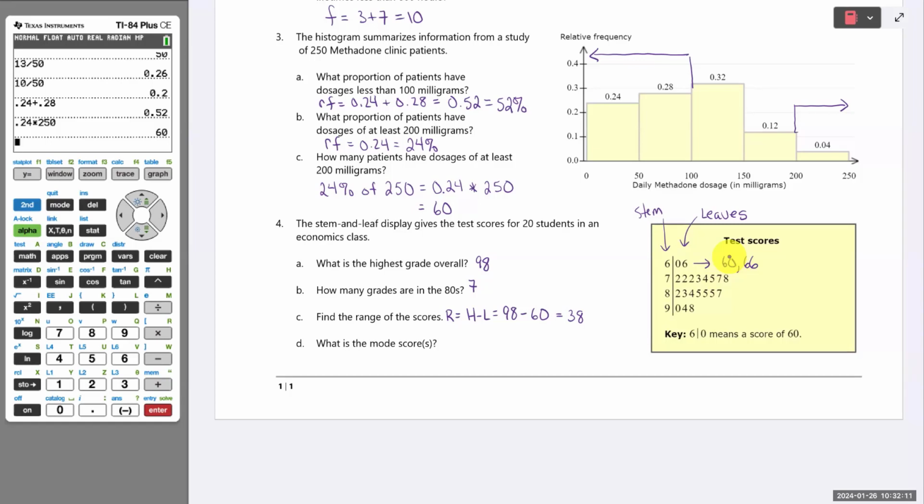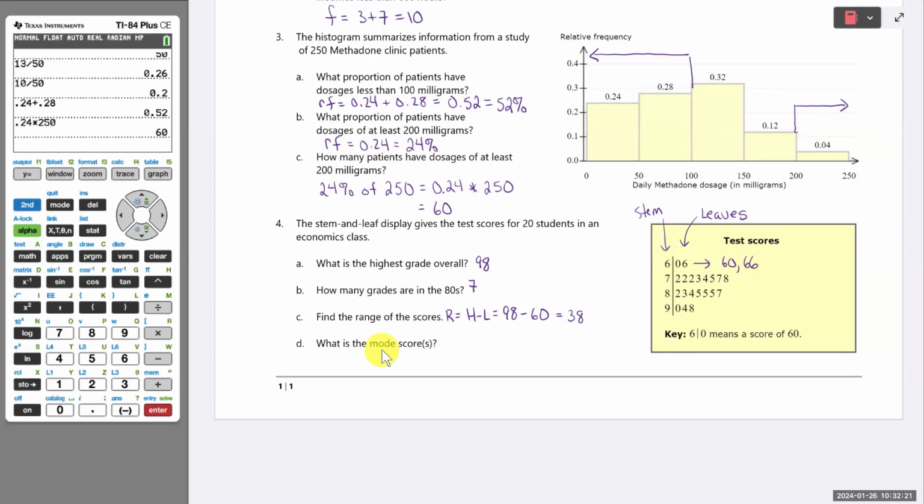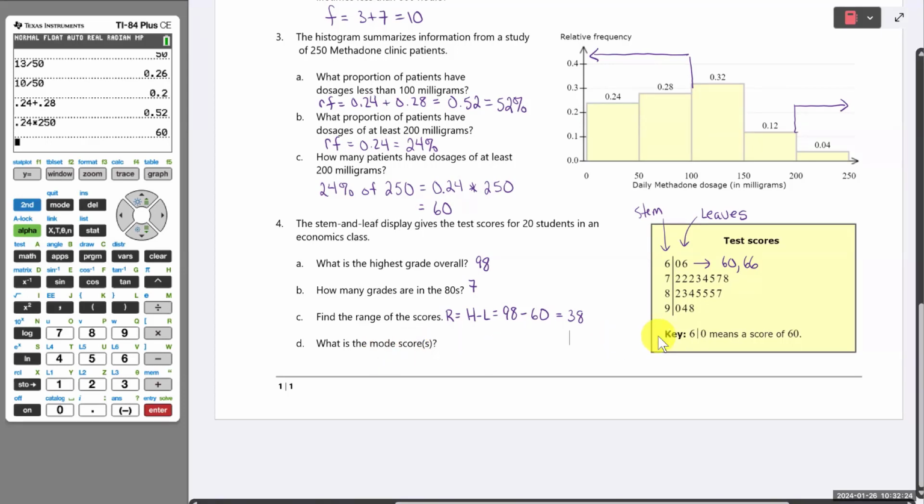All right, and then finally, we have a measure of center here. So the mode, remember, is the data value that occurs the most, or the data value that occurs with the highest frequency. So looking at my stem and leaf, I'm seeing those repeating 2s. So there's a 72, a 72, and a 72. So 3 people got a 72.